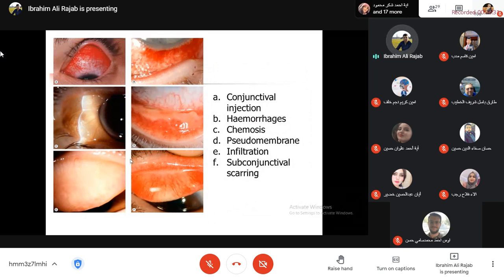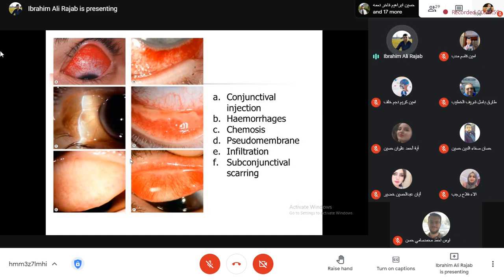In D, this is the picture of a membrane. It is called pseudo because pseudo means when we peel this membrane, there is no conjunctival hemorrhage. I mean, the membrane does not infiltrate the conjunctival tissue. If it is true, when we peel this membrane, the conjunctiva will bleed because the membrane infiltrates.